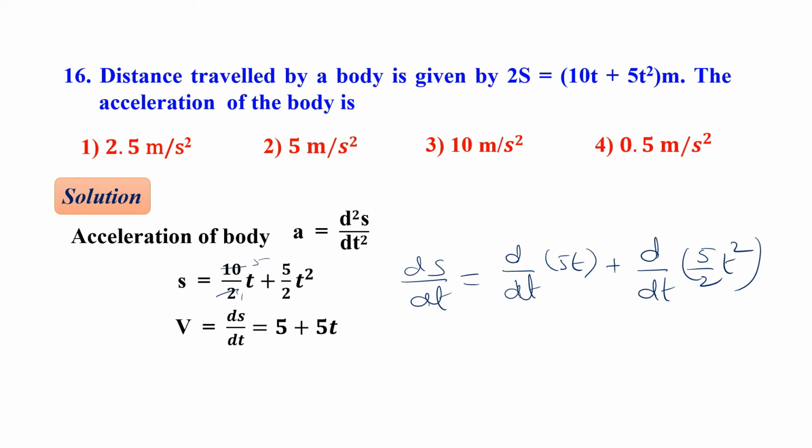So 5 plus, here d by dt of 5 by 2 is a constant, and d by dt of t square, by the formula d by dx of x power n is n into x power n minus 1. Substituting the formula, 5 plus 5 by 2 into d by dt of t square, that is 2t. The 2s cancel, so we are getting 5 plus 5t. So ds by dt is equal to 5 plus 5t.